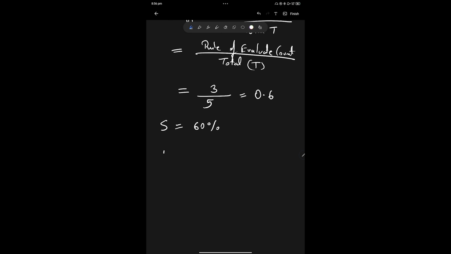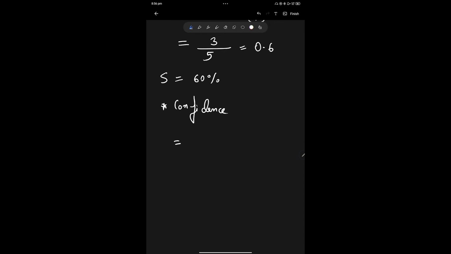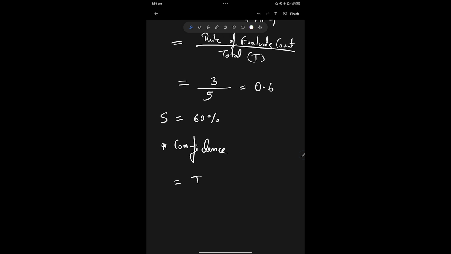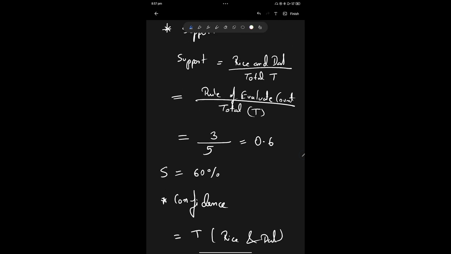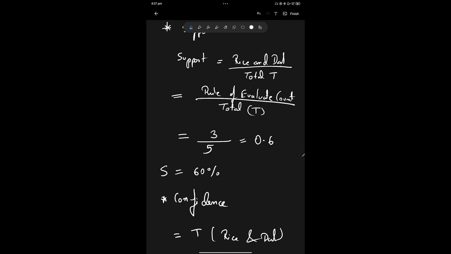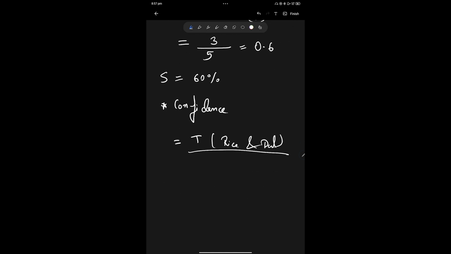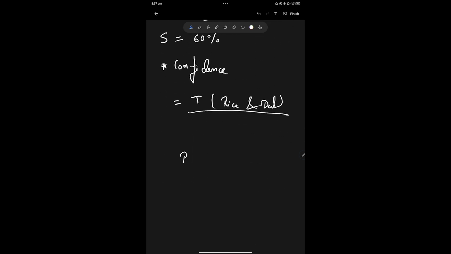Now you have to calculate the next thing, that is confidence. So what is the formula for calculating confidence? Again, we write the transactions of both rice and dal, as we did in the previous step, the rule to evaluate count of rice and dal. We have already written it here. Now the rule is from rice to dal, so we need to take the first item and find the transactions of rice.